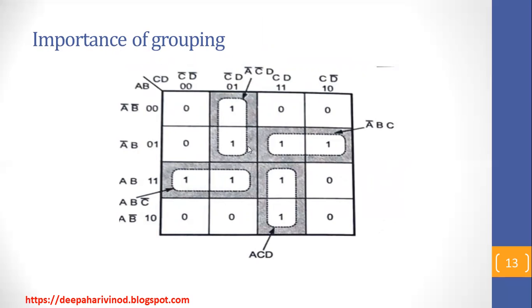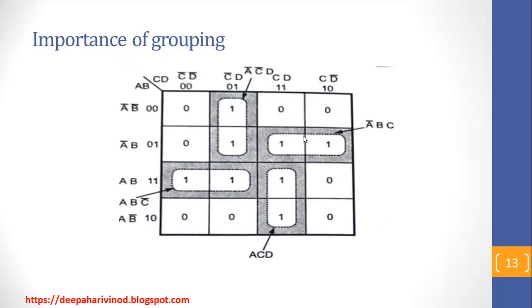See, in this case, this is another example. Here, for example, if I choose these 4 ones in a single row, then all the other ones remain independent, isn't it? I need to group these ones along with these ones only. I don't have any other option. So anyway, those ones will be included in the group when we are grouping this one, isn't it?